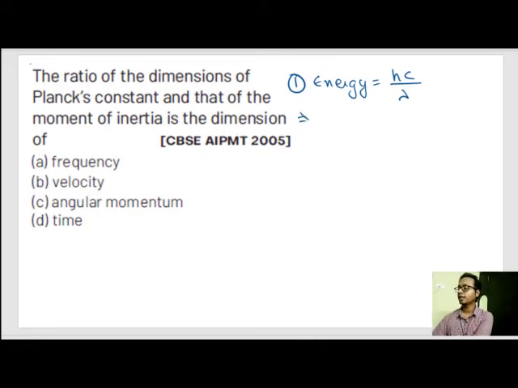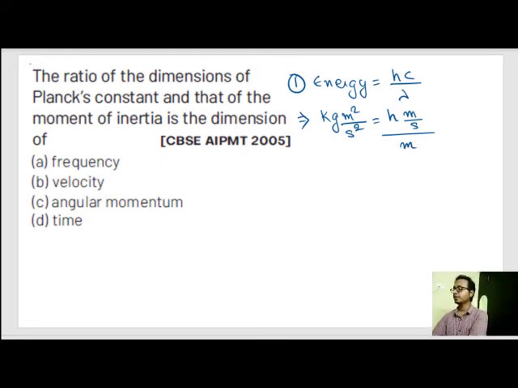What is the unit of energy? The unit of energy is kg meter square per second square, equal to h times c by lambda. C is nothing but the speed of light, and the unit of the speed of light is meter per second, and lambda is nothing but wavelength, which is given in meters.